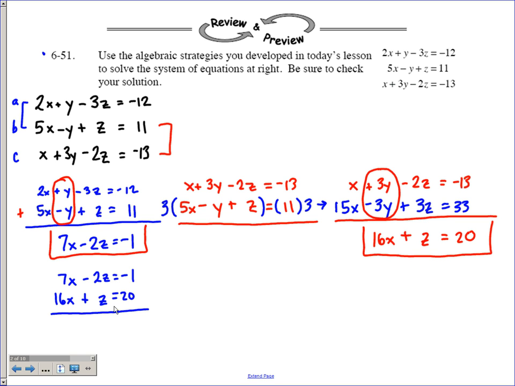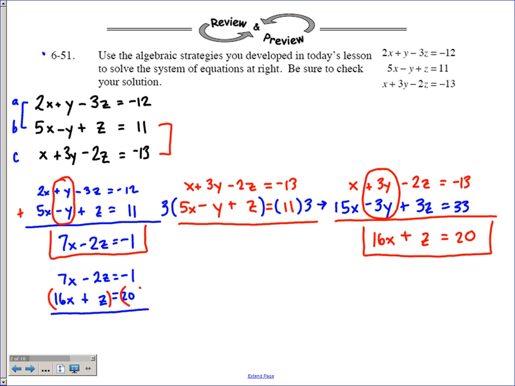I'm going to want to now solve this. Well, I can do substitution if I wanted to, subtract 16x, and then I could do 20 minus 16x for my z in my other equation, or I could continue on the elimination trend. And since that's my favorite, that's what I'm going to do.